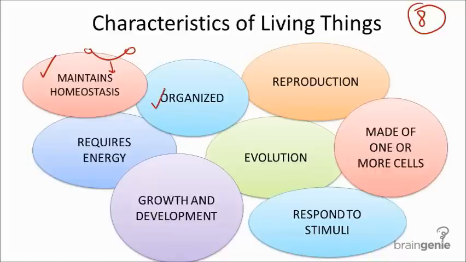Second, an organism must display organization, meaning all of its anatomy directly relates to its physiology, and vice versa. Or, in other words, its shape directly relates to its function.